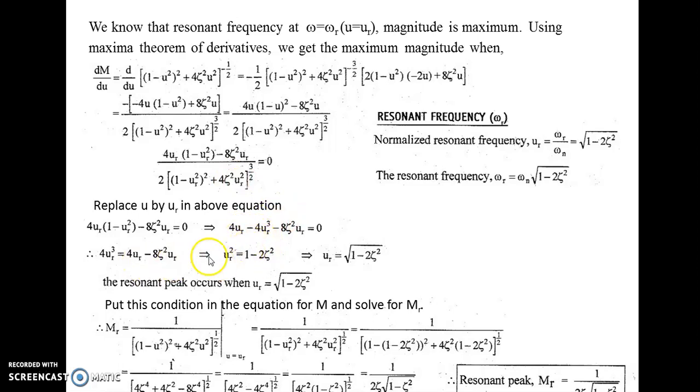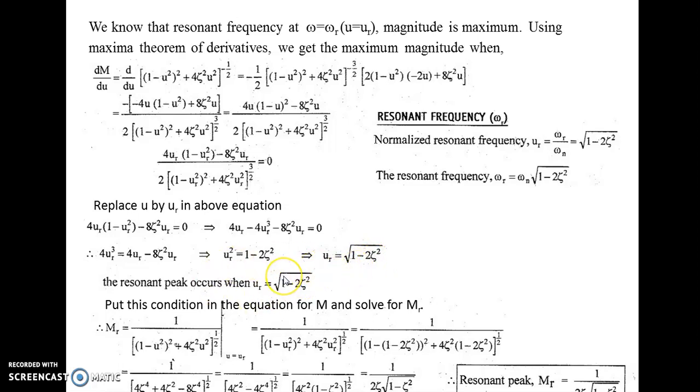expressions. You will get here ur square is equal to 1 minus 2 zeta square. Therefore, ur is equal to square root of 1 minus 2 zeta square. Resonant peak occurs when ur is equal to square root of 1 minus 2 zeta square.